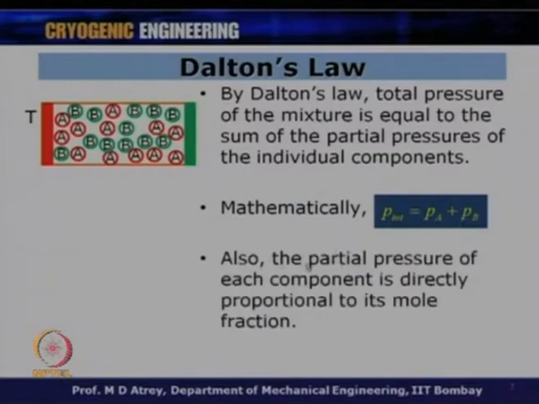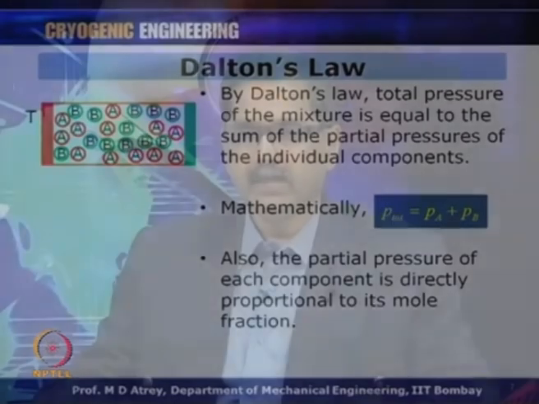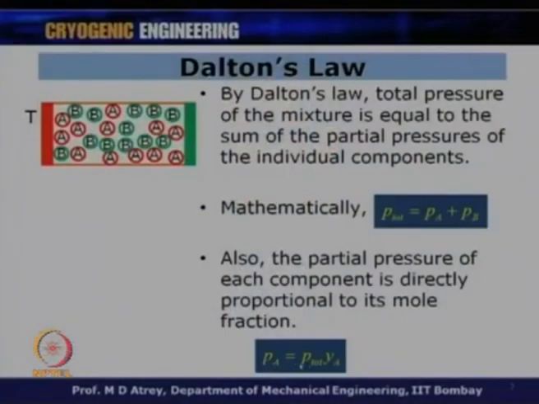Also, the partial pressure of each component is directly proportional to its mole fraction. So, if I want to compute the value of PA, PA will depend on the value of YA, and PB will depend on the value of YB. Mathematically, PA is equal to P total into YA, and PB is equal to P total into YB.